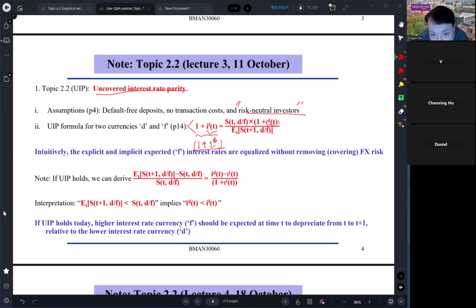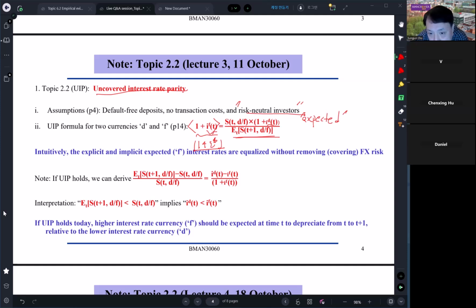What you see here is the risk-free return from investing in the F money market instrument. But on the right-hand side, this is the expected return, and this is the important thing. It's the expected return from converting currency F into currency D and investing in the D money market instrument.